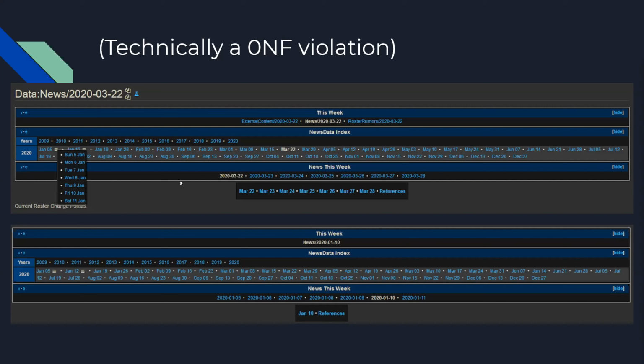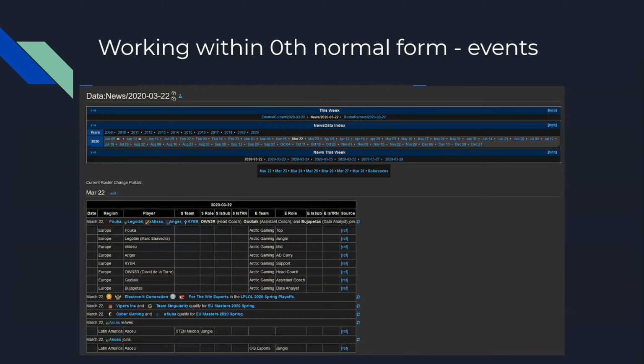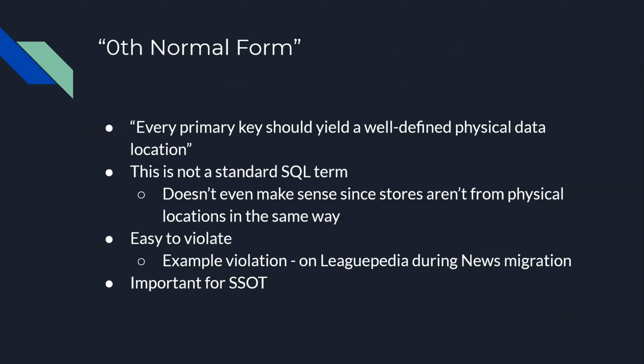So every single date page exists, and it just redirects you to the Sunday week page, unless it's an individual day page. So I don't consider this a zero normal form violation, because the navigation stops it from being one. And if you're allowed to make navigation to get around a mathematical principle, it's not a mathematical principle. So this is really not a precise thing, but it is still very important.